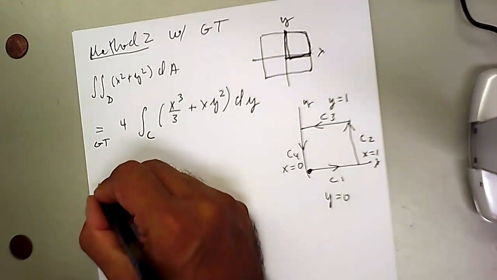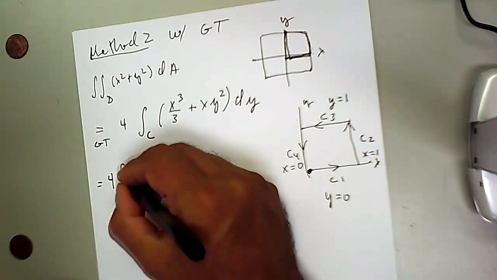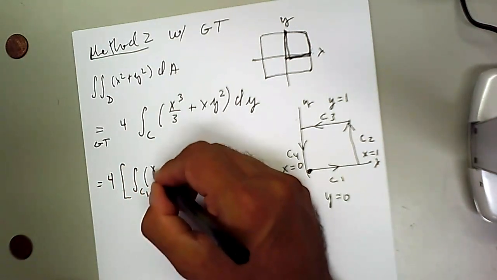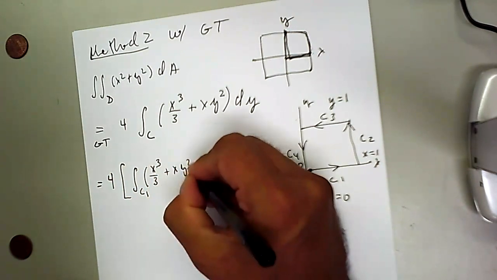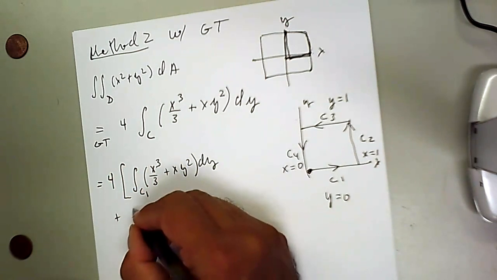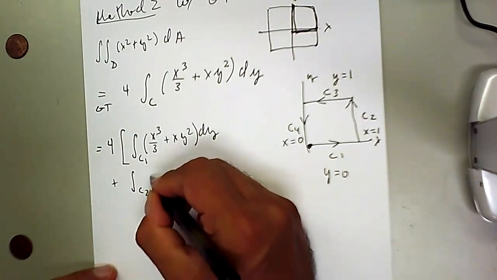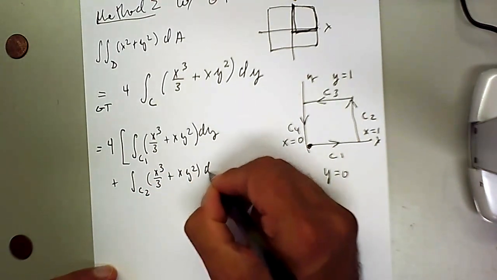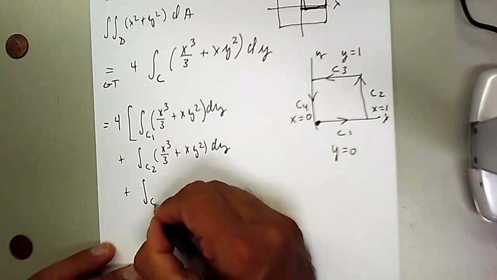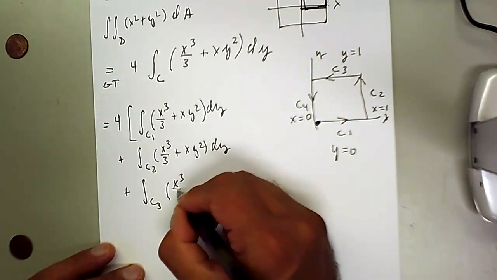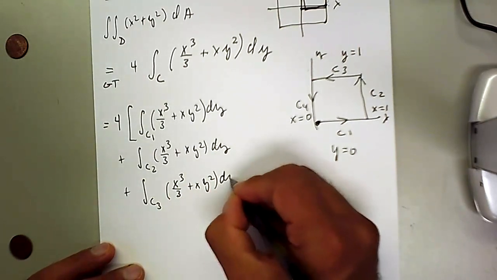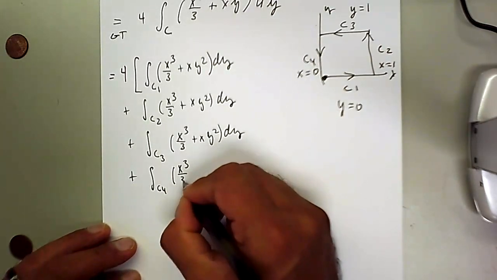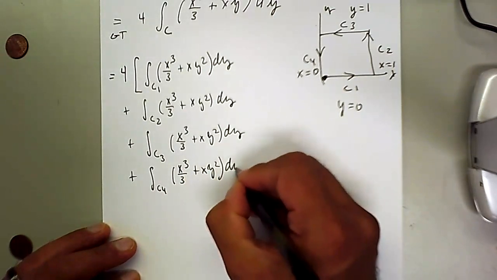Okay, so the 4 stays. And this is going to be the integral over C1 of x cubed over 3 plus xy squared with respect to y, plus the integral over C2 of x cubed over 3 plus xy squared dy, plus the integral over C3 of x cubed over 3 plus xy squared dy, plus the integral over C4 of x cubed over 3 plus xy squared dy.